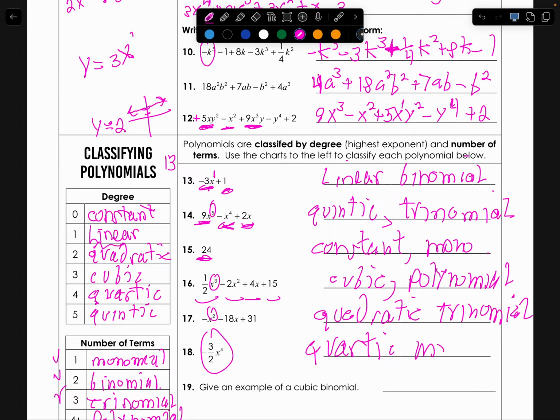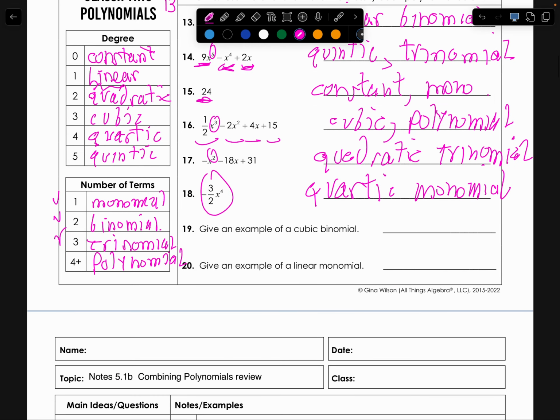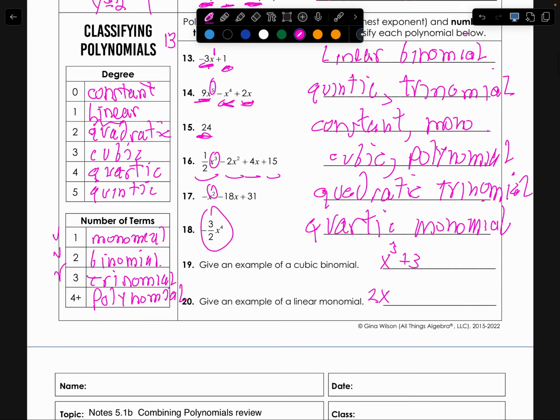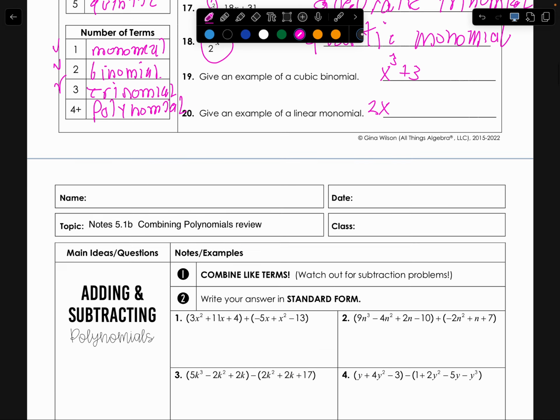And it is a monomial because it's only 1 piece. Cubic binomial, for example. A linear monomial. There's an example, or another example right there. Okay? And that's how we do those.